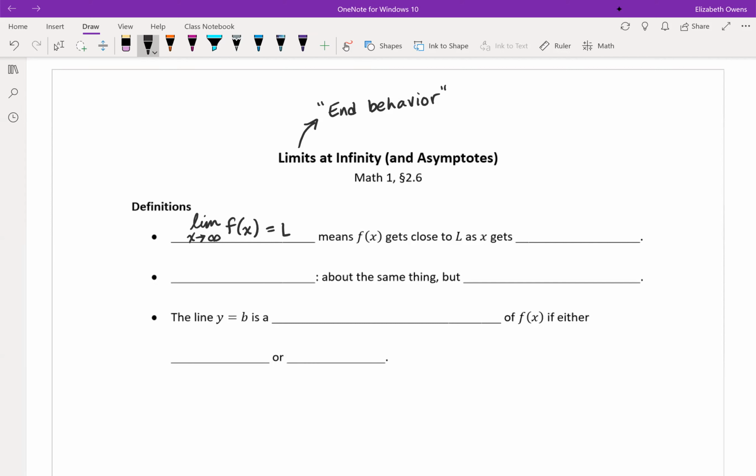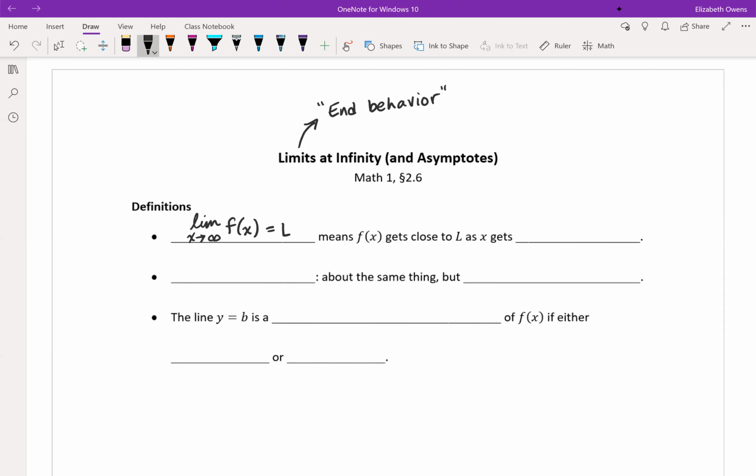But remember here that things are a little bit different because infinity is not actually a number. So we can't approach infinity from both sides. Approaching infinity from the right and the left, that type of thing doesn't really work since infinity is not actually a number, and you especially can't approach infinity from above.